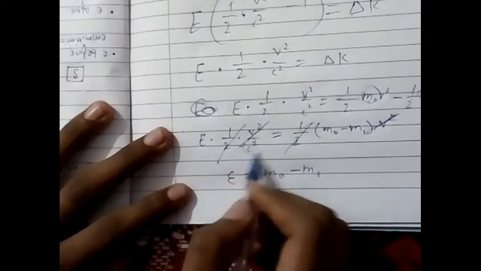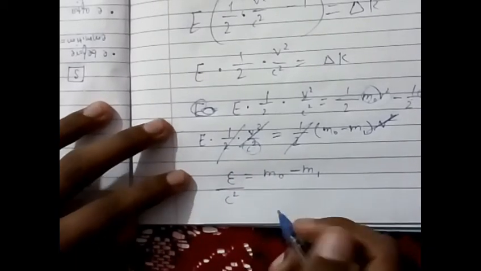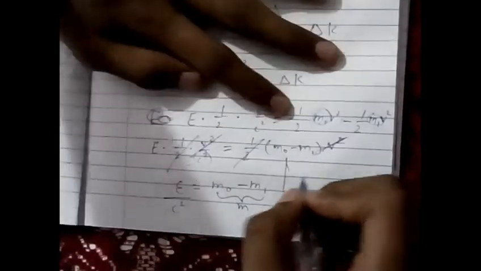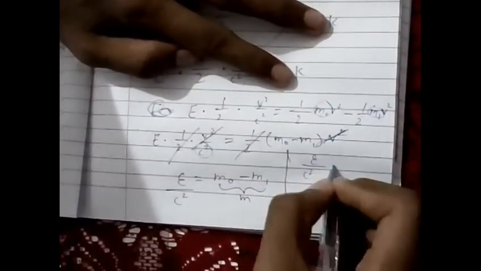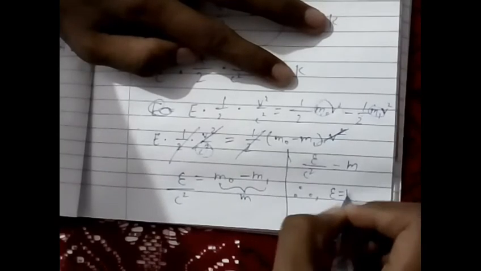Wait, we also have the c square, so E over c square equals m0 minus m1. So we have to take this simply as m. Let me write it here. So E over c square equals m, therefore E equals mc square.